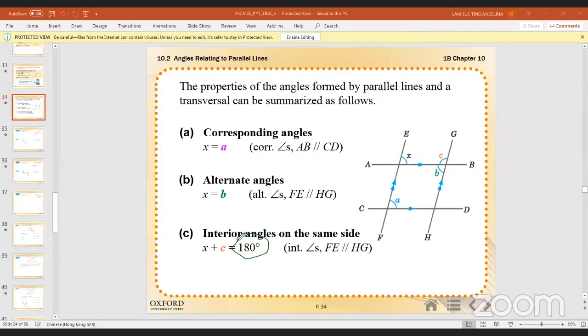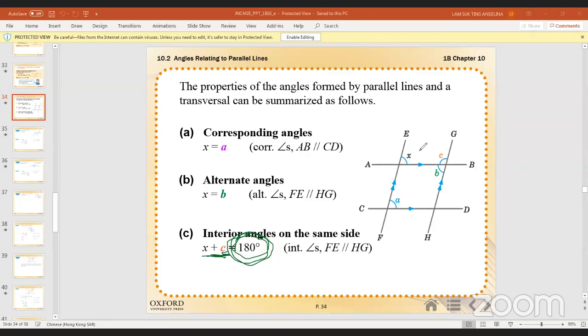There are three cases altogether when we add angles together and have the result 180 degrees. But you cannot just see that it is 180. Then this is adjacent angles on a straight line or angle sum of a triangle. You have to look at what angles you are talking about.